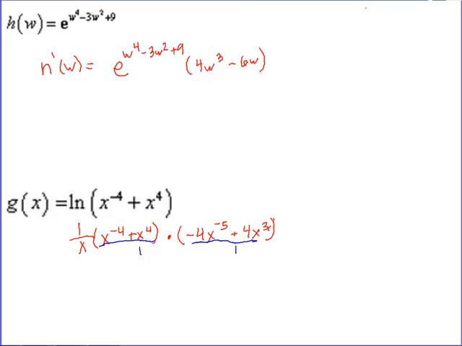So couldn't I write this as x to the negative 4 plus x to the fourth, times negative 4x to the negative fifth plus 4x to the third, all of that technically over x?